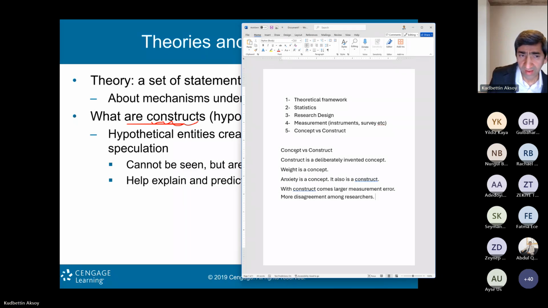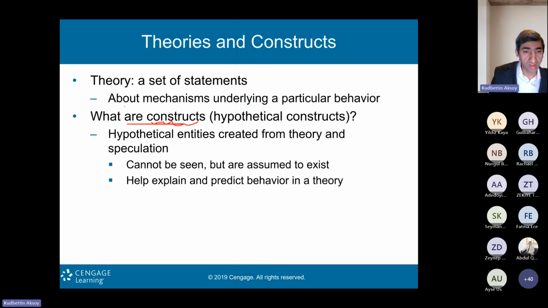So the idea is, in educational psychology, we work with constructs. Constructs are complicated things to measure. Nevertheless, we have to come up with a way to measure these. So a construct is a hypothetical entity, a deliberately made up concept created from theory and speculation. That's how we build knowledge.